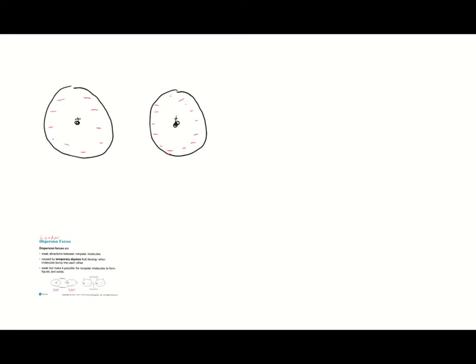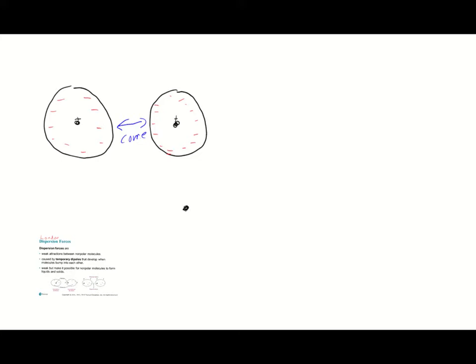So if these two atoms, nice along in their normal shapes, are brought close together, if they come in close proximity of each other, then you have two negative charges coming within proximity of each other first. And like charges repel each other, even electron clouds. So the electron clouds are going to distort in order to minimize that electron repulsion.